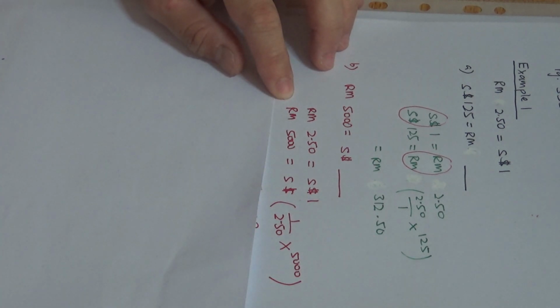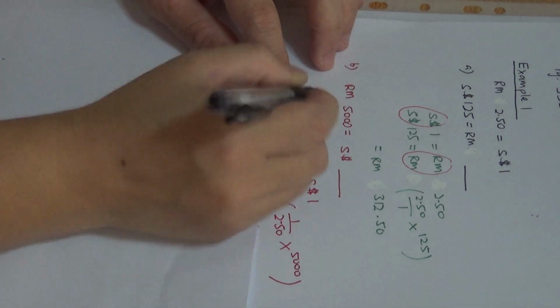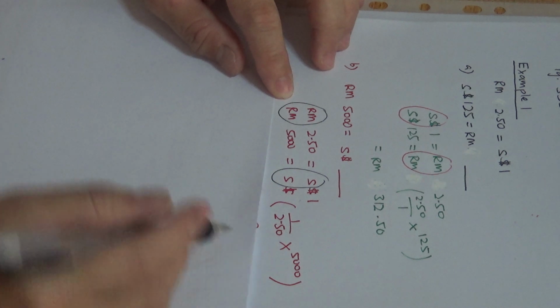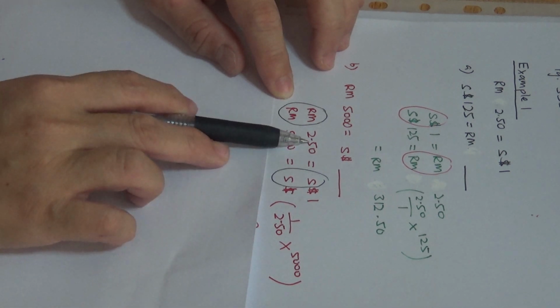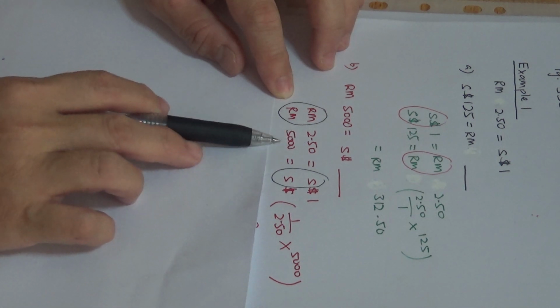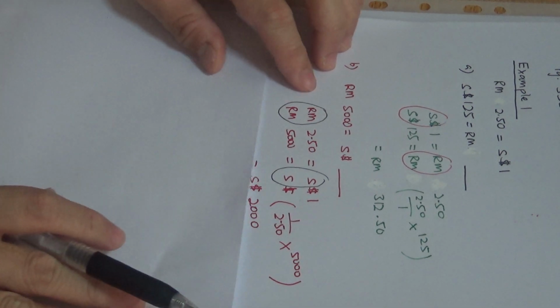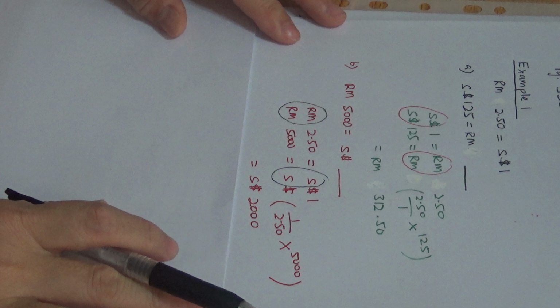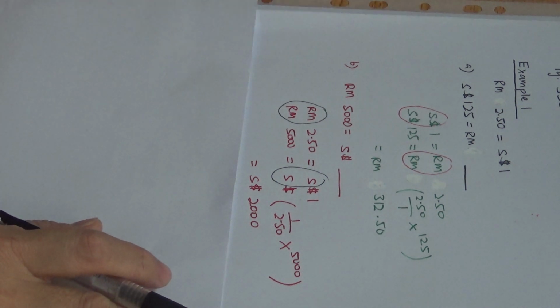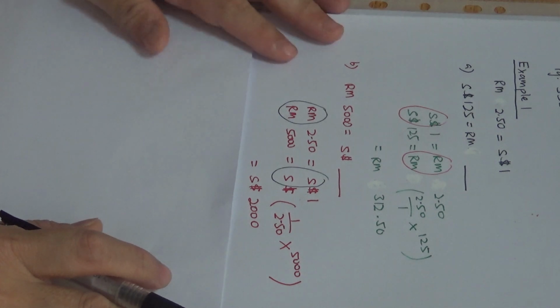Can you see that I have lined up Malaysian ringgit here, Singapore dollars here. Then I take this over this times this. The method is always the same. So I will get the answer as Singapore dollars $2,000. That is how example 1 is done.